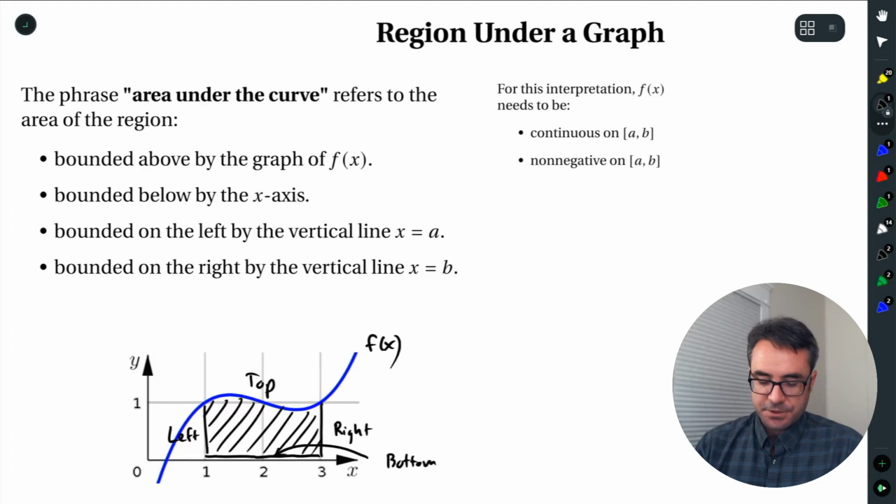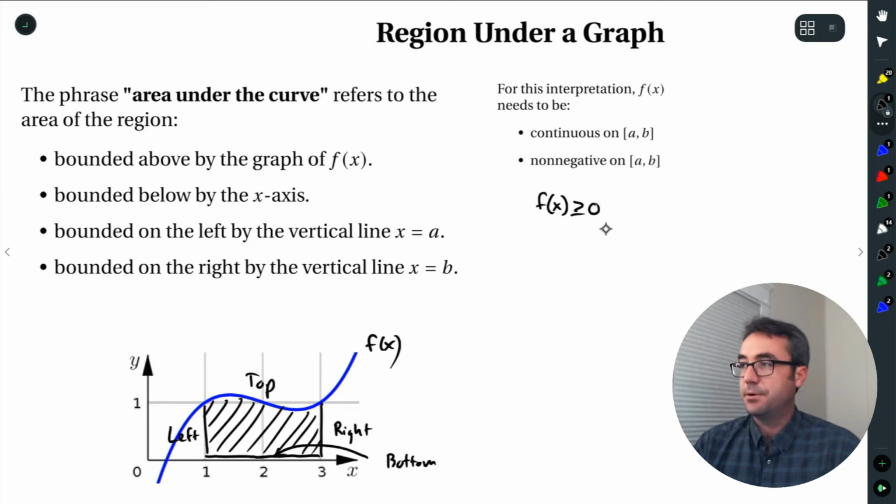And for right now, we also assume that our function is non-negative. And what we mean by that is it's actually above the x-axis. It's on or above the x-axis. So non-negative means f of x is greater than or equal to 0. Or another way to think of that is that the graph of our function here never goes below the x-axis.